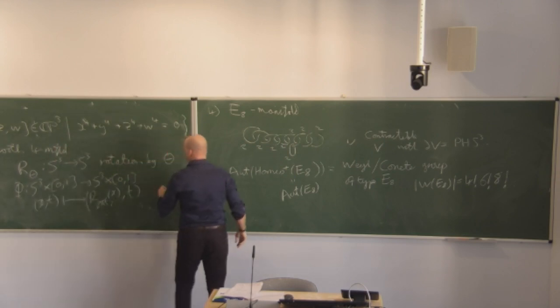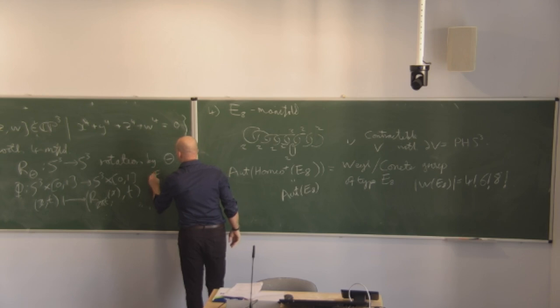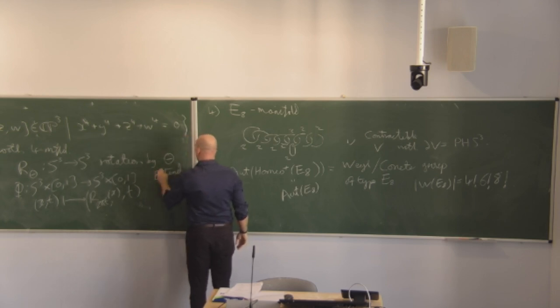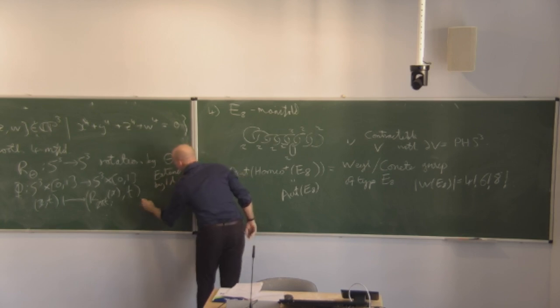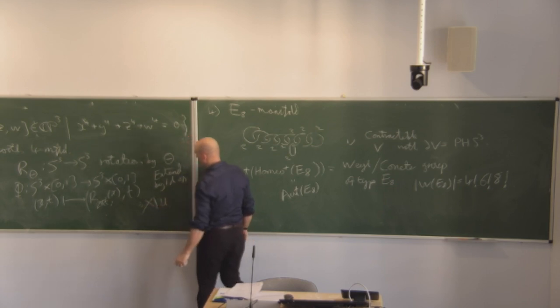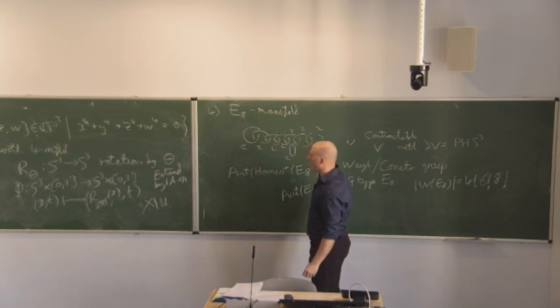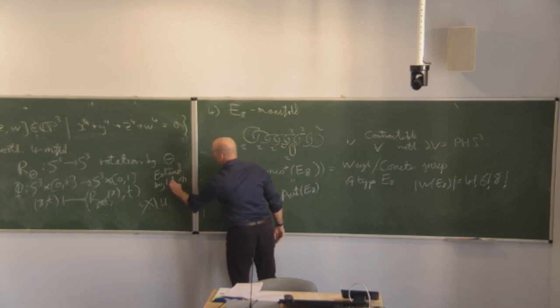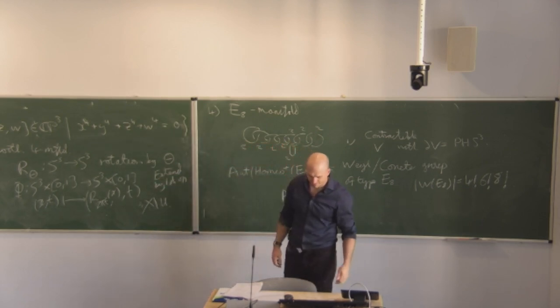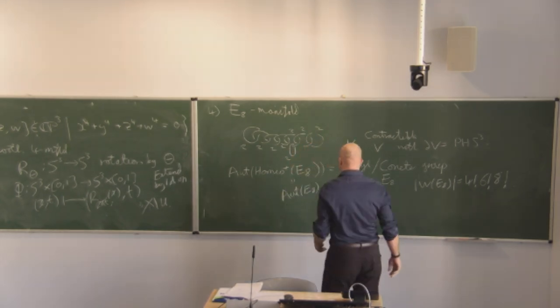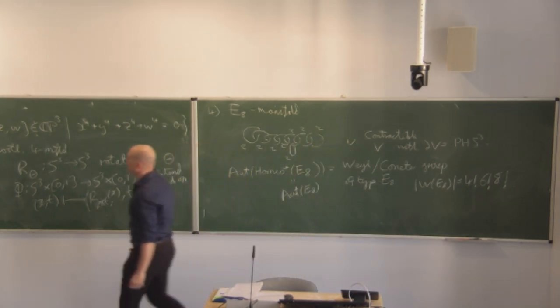And then I just want to extend by the identity on X minus U. And so that's going to give then a diffeomorphism of this connect sum to itself.